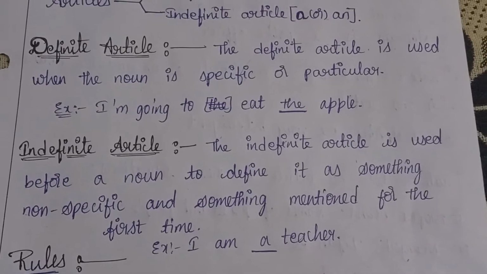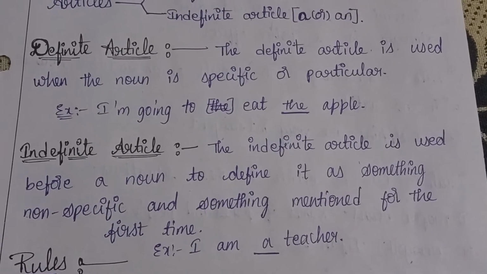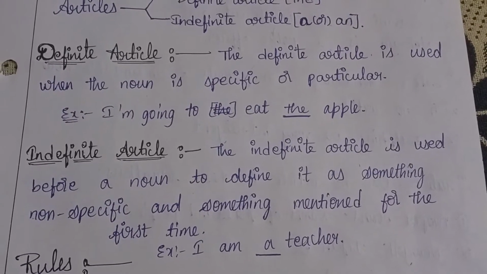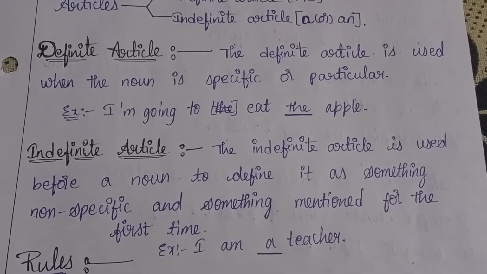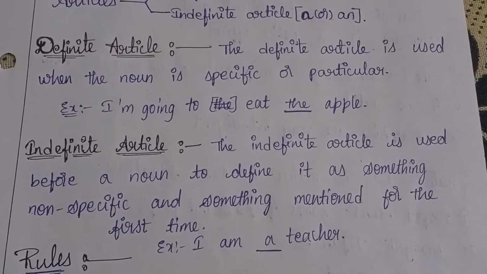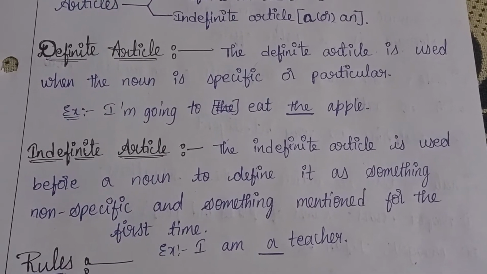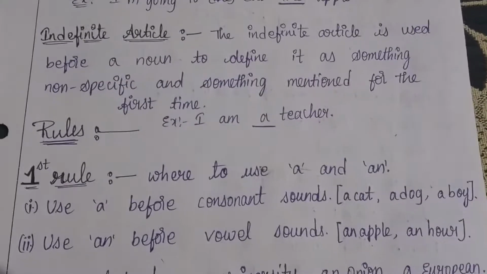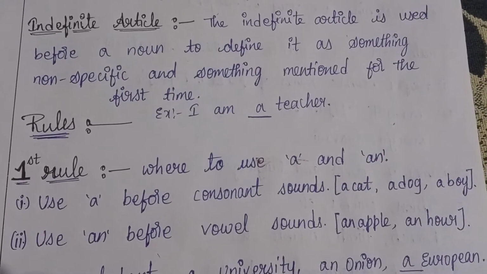So this is about the definite article and the indefinite article. And we all have a small confusion about where to use these articles. To remove that confusion, you should know some rules. Coming to the rules, the first rule is where to use a and an.